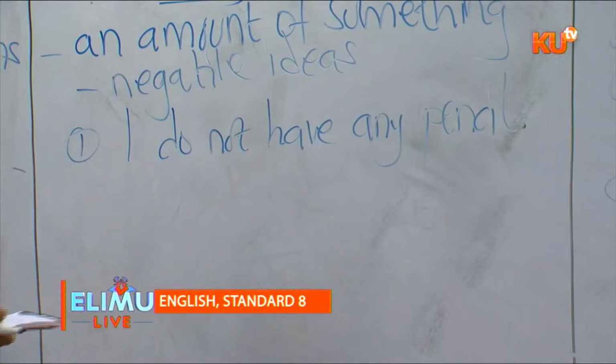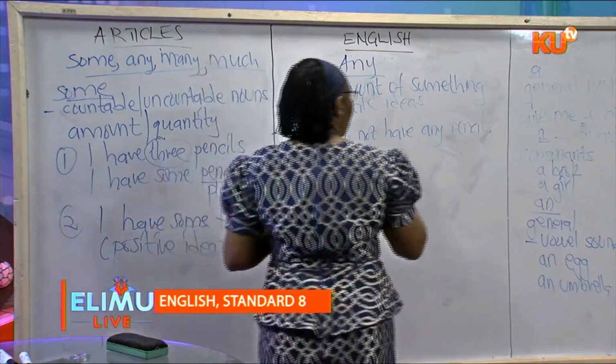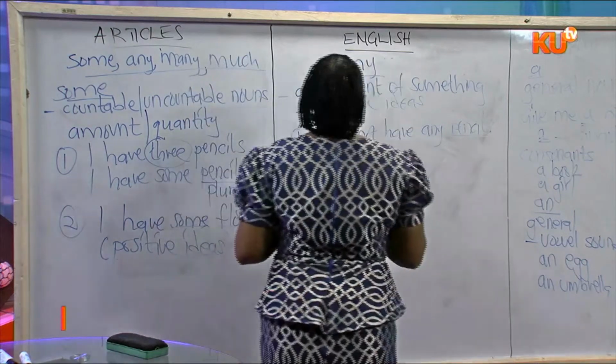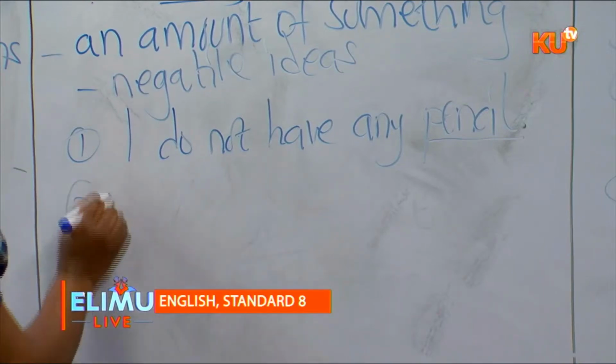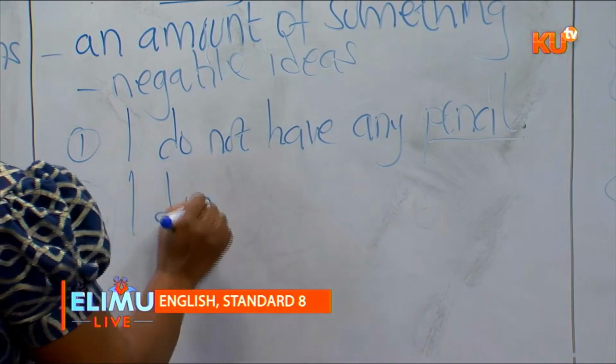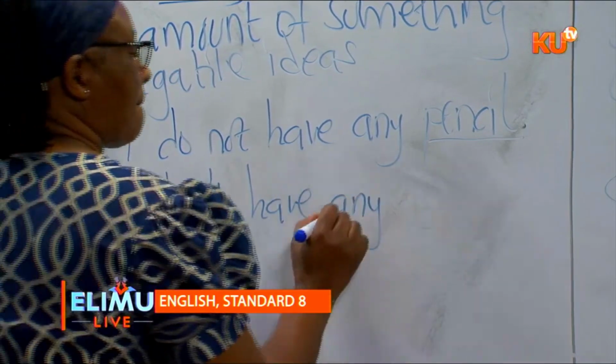So you find that it can be used with singular nouns because here it is about a pencil, or you can say I do not have any pencils. We can also say I don't have any flour.